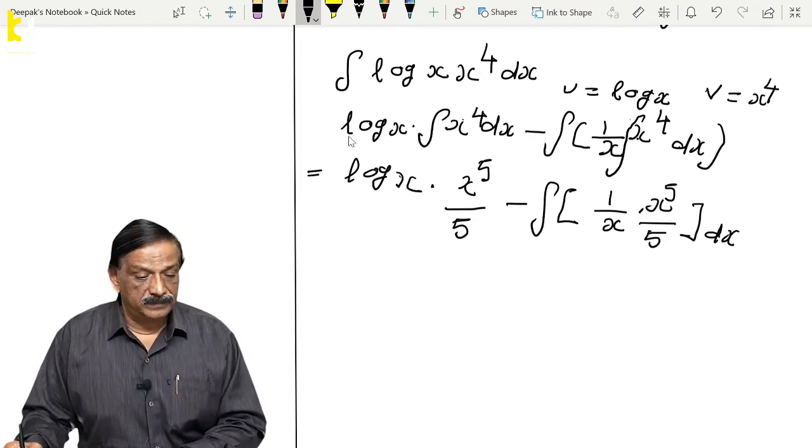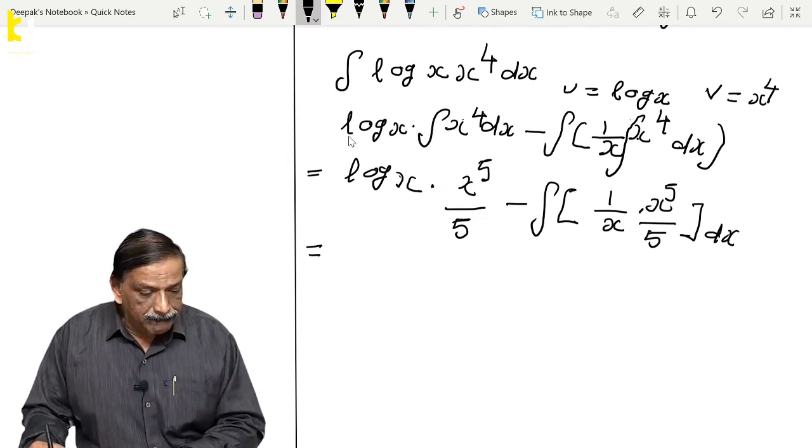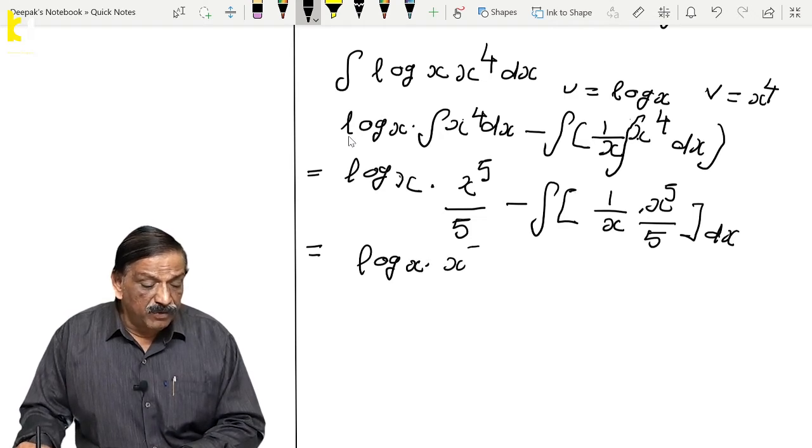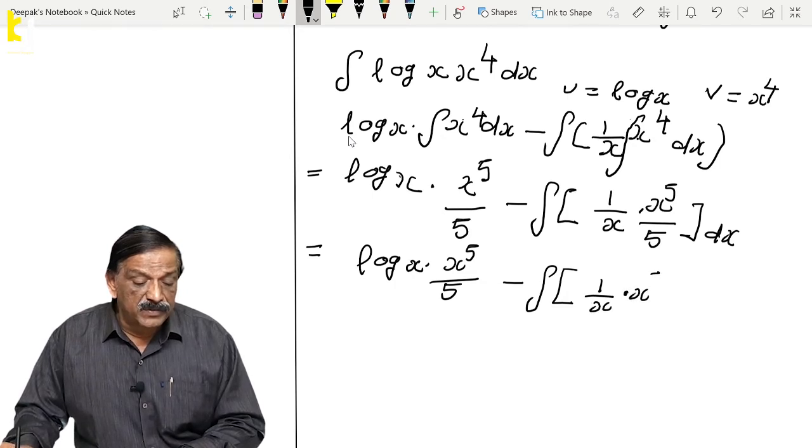That is equal to log x raised to 5 divided by 5 minus integral of 1 by x into x raised to 5 divided by 5 dx.